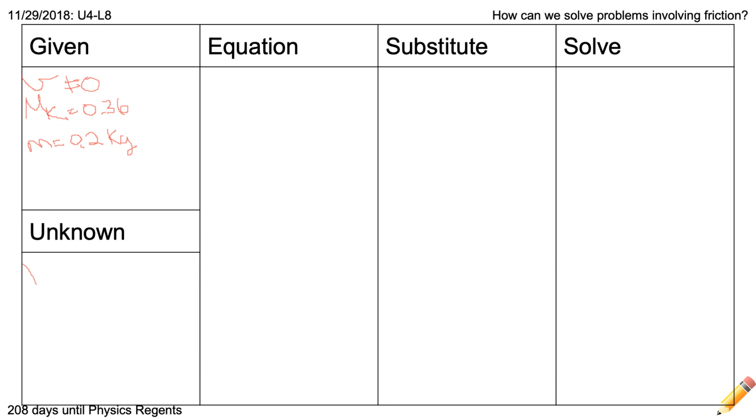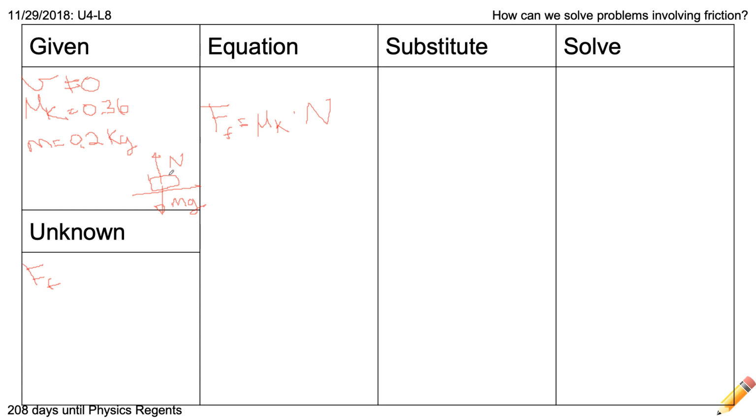Now, what we're trying to figure out is the force of friction. Our equation is that the force of kinetic friction equals the coefficient of kinetic friction times the normal force. We'll get the normal force the same way we have been, since the normal force and the weight of the object are in opposite directions, so they're equal in magnitude.